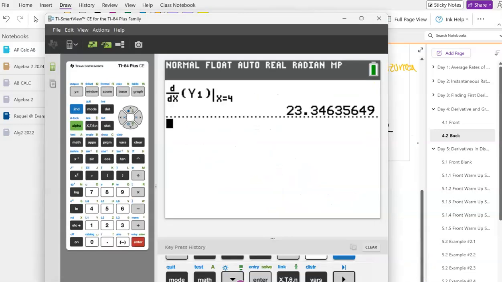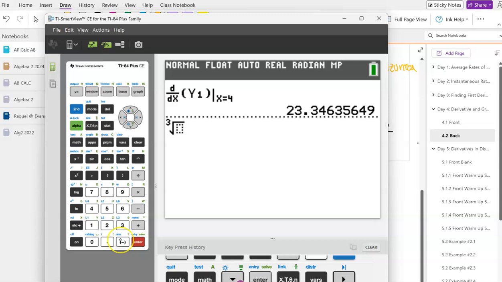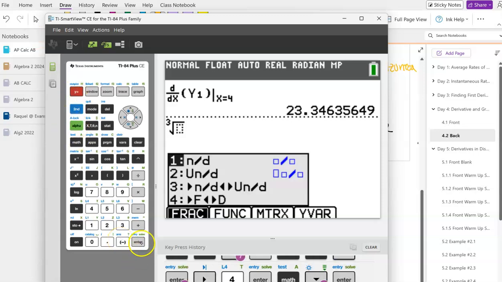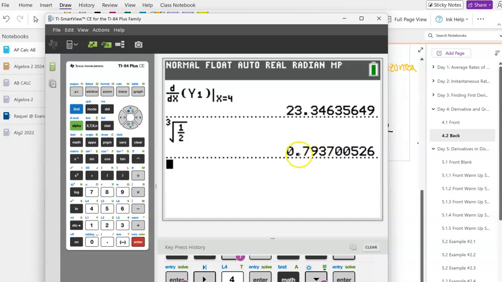So let's go ahead and do that. I'm going to open up my graphing calculator. Now to take a cube root, you press math, and I'm going to come down here to number 4. And I want a pretty fraction, so I'm going to press alpha, y equals, and put 1/2 in here. The x coordinate is going to be 0.794, and I'm going to round to 3 decimal places, people.